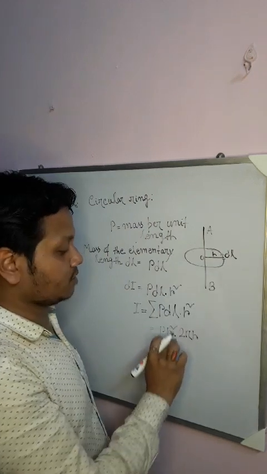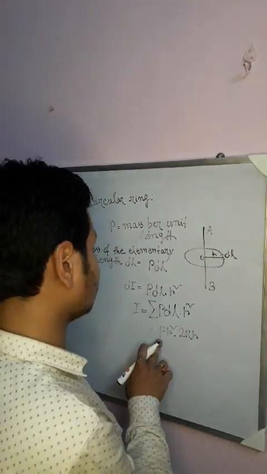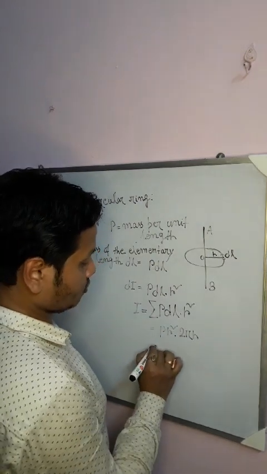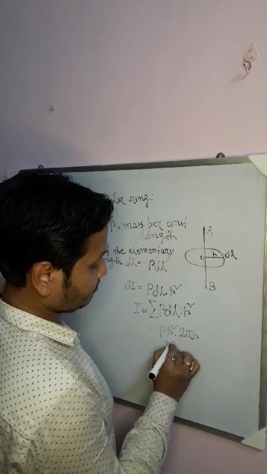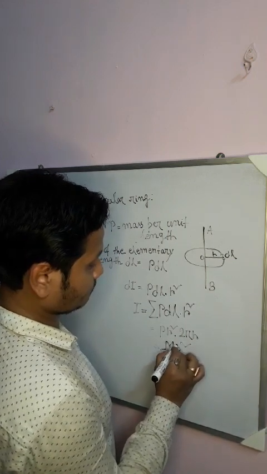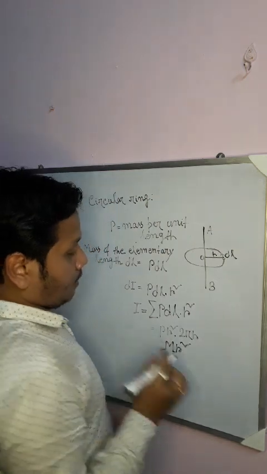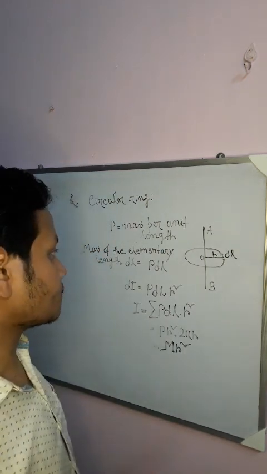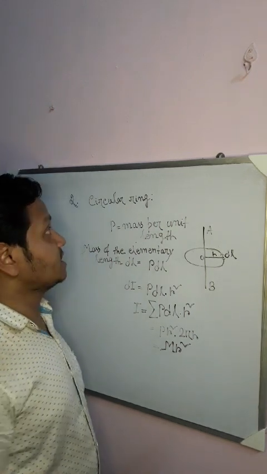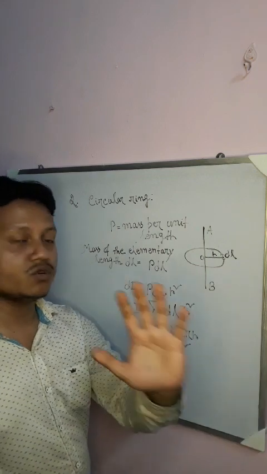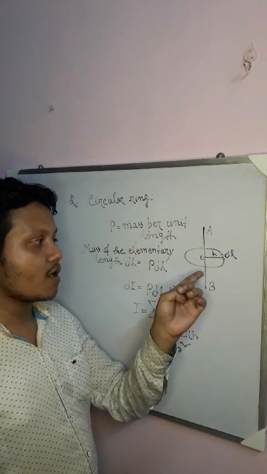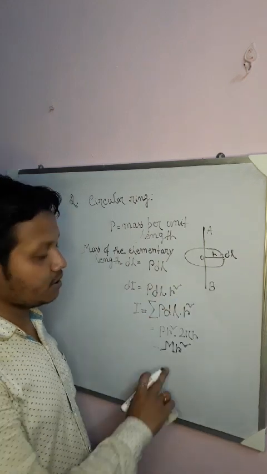Now what is rho? Mass per unit length. So what will be the total mass? 2 pi r rho. So the result will be m r square. So in case of a circular ring, when we choose the axis passing through the center of the ring and perpendicular to the plane of the ring, the moment of inertia will be m r square.